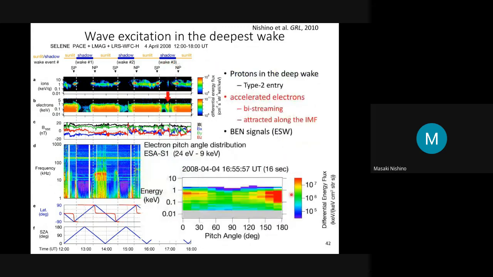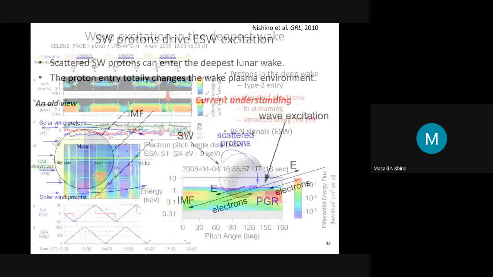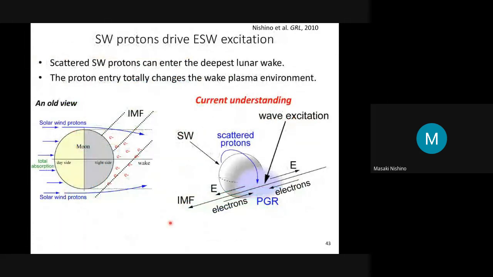This is the evidence of bidirectional electrons, and this is the pitch angle distribution of electrons. As you see here, in the parallel and anti-parallel directions, electron energy flux enhancement was observed. So this is bidirectional electrons. The current understanding is summarized here.